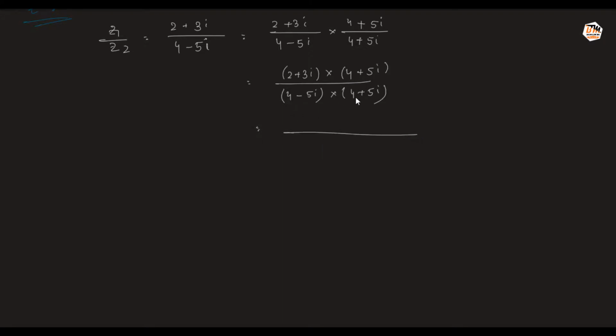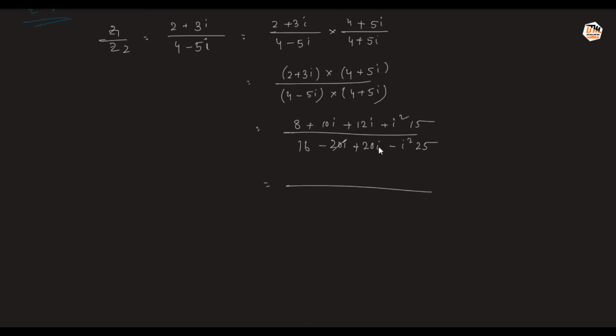Now here will be 4 into 4 is 16, and 5i minus 20i, and if we multiply further, that is plus 20i, and minus 5i into plus 5i, that is minus i square 25. And in the upper part 2 into 4, that is 8, plus 2 into 5i that is 10i, plus 3i into 4 that is 12i, and 3i into 5i, that is plus i square 15.